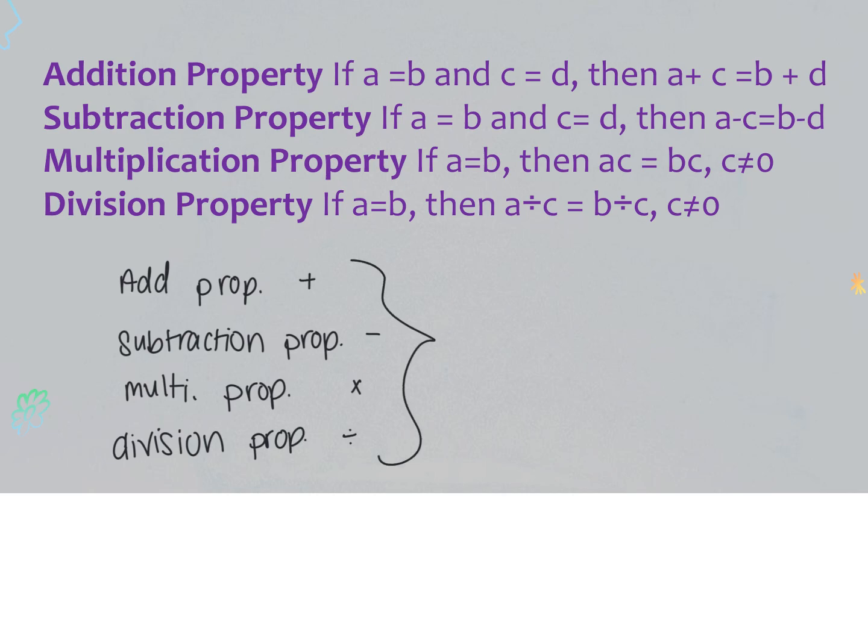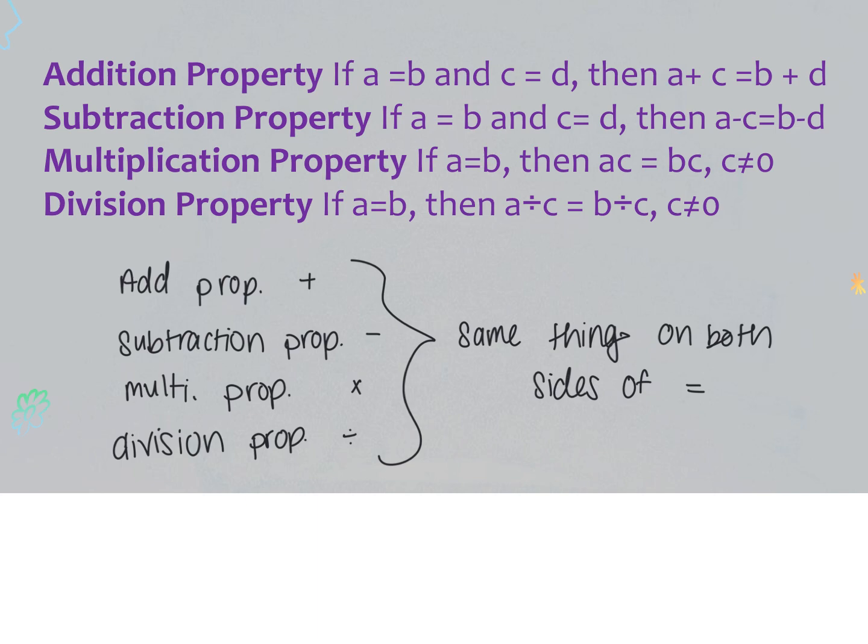Those properties of equalities is when you're doing the same thing on both sides of the equal sign. Okay, when you're moving it to both sides of the equal sign, that is what properties of equality mean.